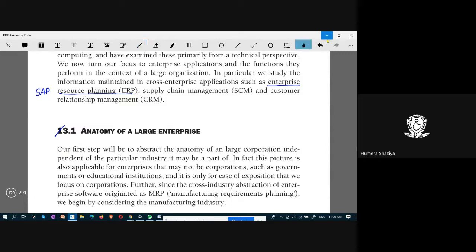There are other examples as well, like Microsoft Dynamics, and there is ERP Next. These are ERPs: SAP, Microsoft Dynamics, ERP Next.